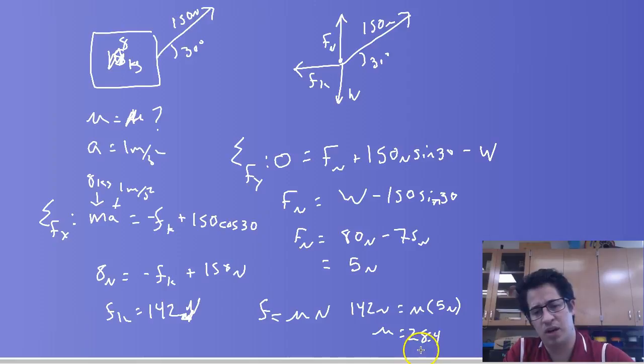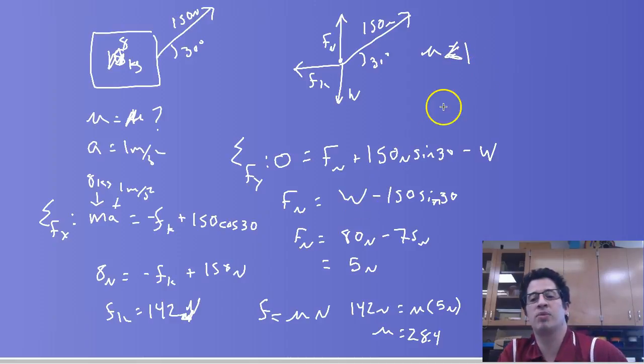potentially. But you can see why I was starting to realize at the beginning, when I got a really weird value for normal force, that this is a bad question, because generally the coefficient of friction will be less than 1. There are some circumstances where this will be close to 1 and potentially even greater than 1, but those are pretty rare.